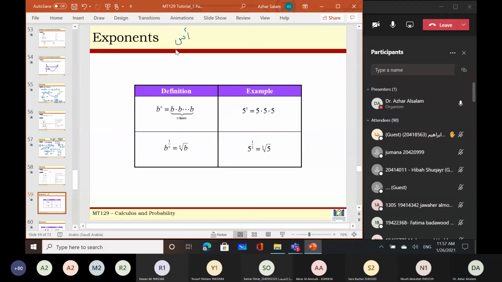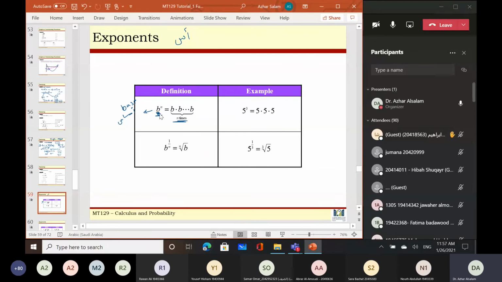Okay. I have here the base which is b. الب أسميه البيس أو الأساس. الأساس هو العدد المرفوع إلى أس. b to the power n، n هو الإكسبوننت، means that b multiplied by itself n times. أضرب البي في نفسها n من المرات.